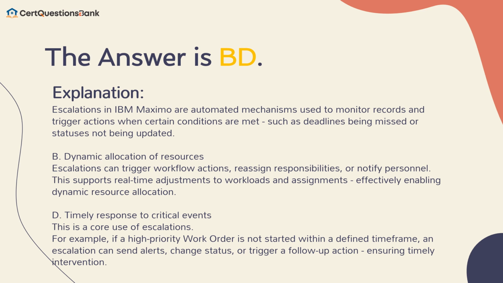This supports real-time adjustments to workloads and assignments, effectively enabling dynamic resource allocation. D. Timely response to critical events. This is a core use of escalations. For example, if a high-priority work order is not started within a defined timeframe, an escalation can send alerts, change status, or trigger a follow-up action, ensuring timely intervention.